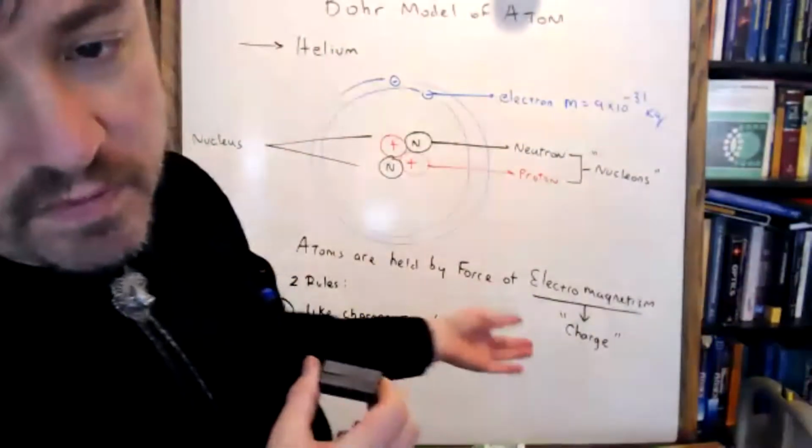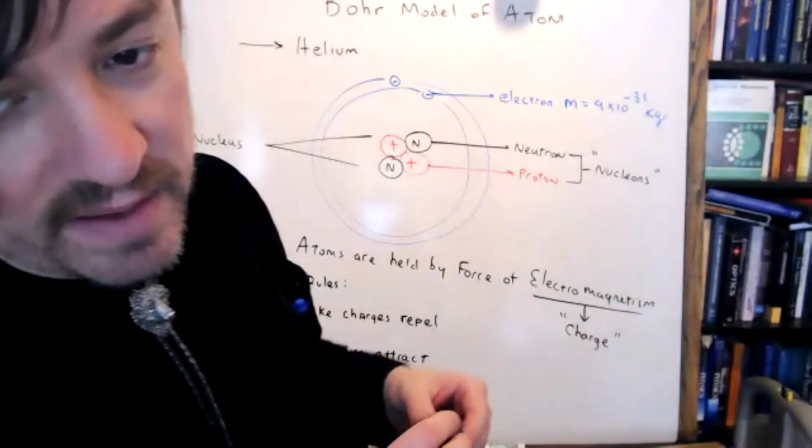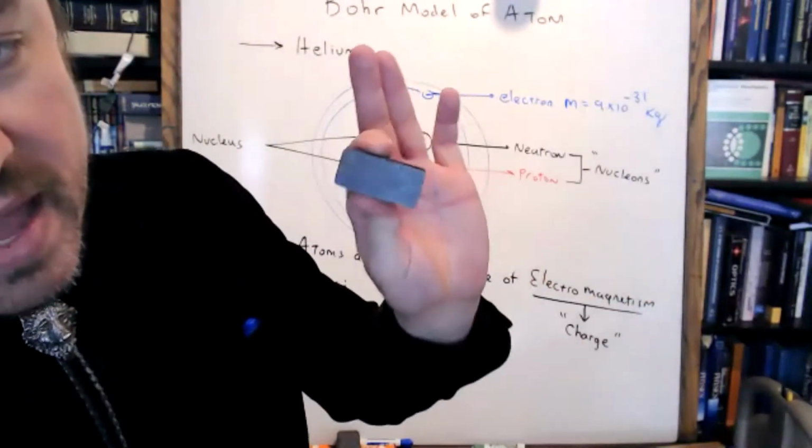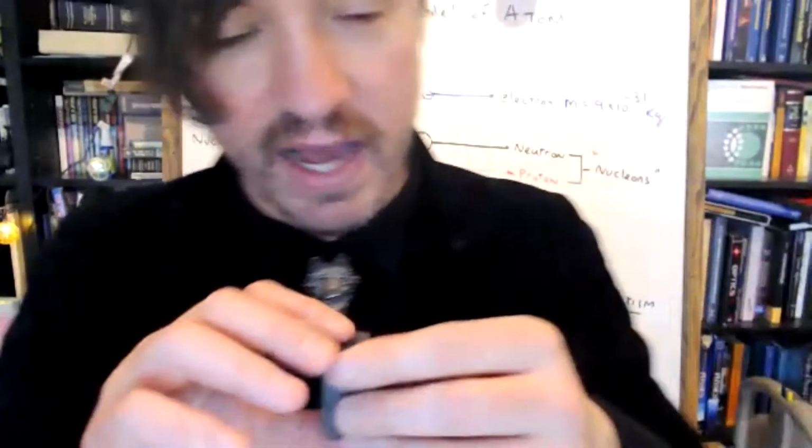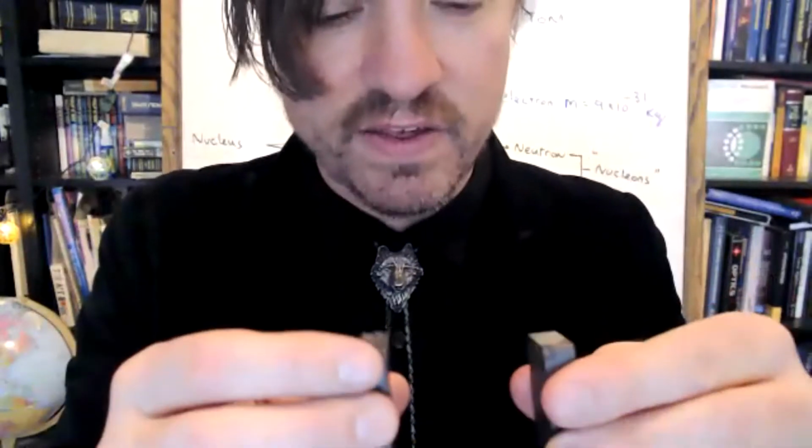Magnets are also related to electromagnetism, obviously. Although the magnetic force is a little more complex to explain, and I will be explaining it over time, for now, you can pretend that if you have two magnets north and south together, that's very similar to the attraction that a proton and an electron would feel.